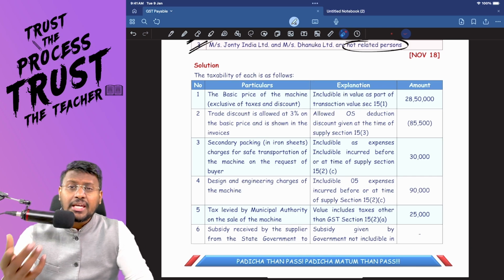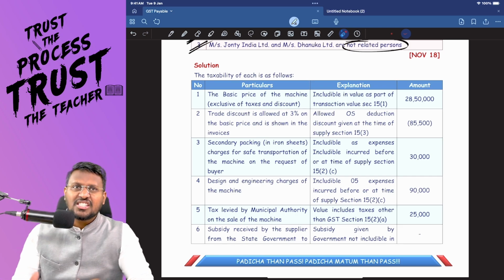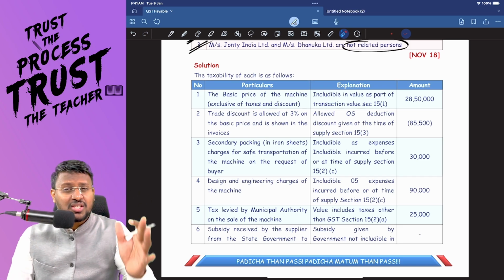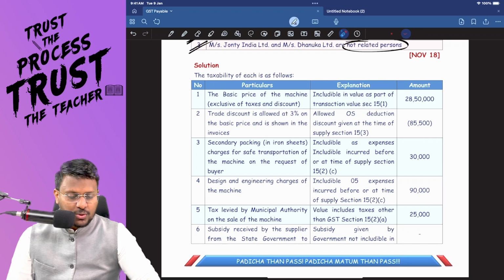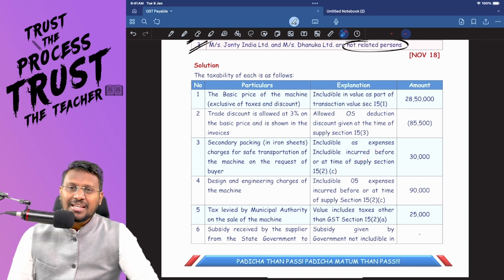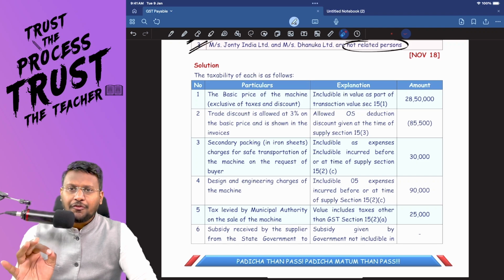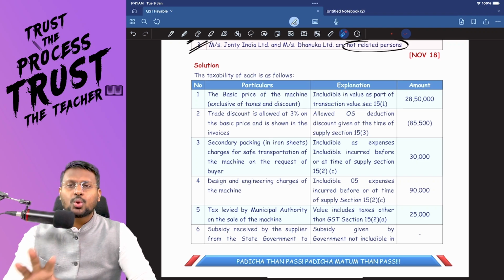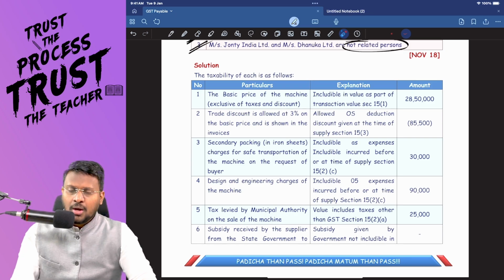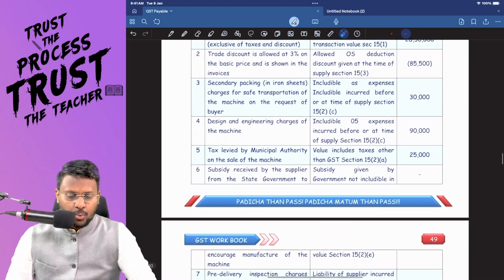So we have to see whether an expense incurred by the supplier is an incidental expense or not. Subsection 2 is the inclusion. Clause C, we have to see, my dear lovable students, whether the amount incurred by the supplier should be included in the value of supply.